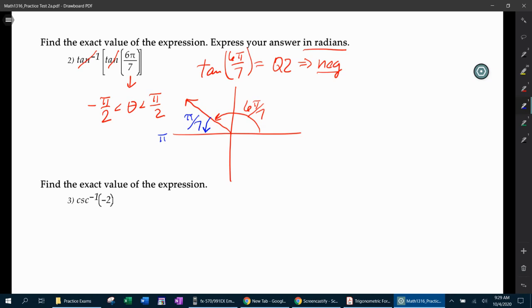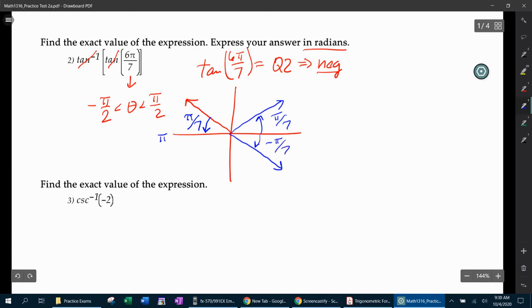So I know that the appropriate reference angle is either going to be pi over 7 or negative pi over 7, because both of these angles would be between negative pi over 2 and pi over 2. So I just have to figure out which of these would produce a negative value for tangent, and that's going to be the negative pi over 7, because in quadrant 1, all of the trig functions are positive. So our answer in radians is going to be negative pi over 7.